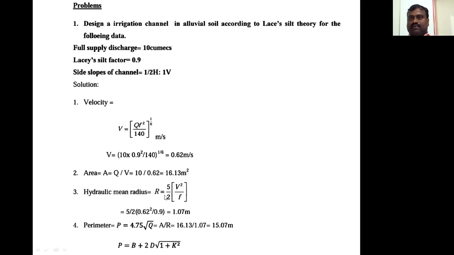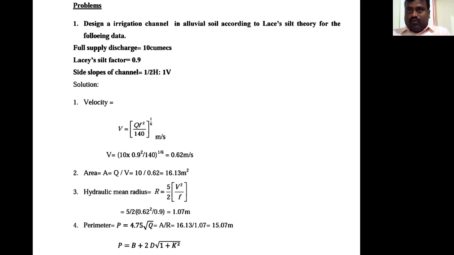We already calculated V in the above step, and the F value is already given in the problem definition. Substituting both, the hydraulic radius is obtained equal to 1.07 meter.